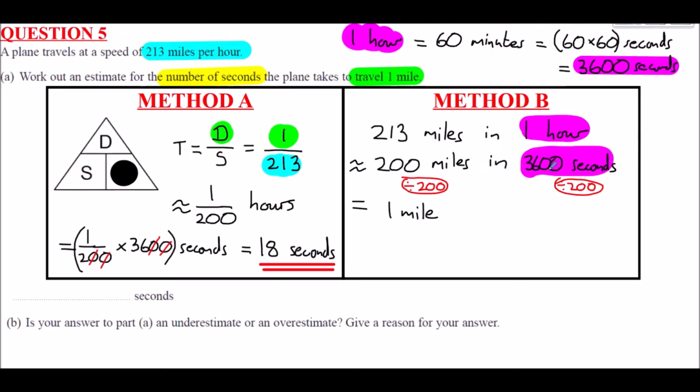And 3,600 divided by 200, well, 36 divided by 2 is 18, and then the zeros again will just cancel. So 1 mile in 18 seconds. So we can do this in terms of proportional reasoning rather than thinking of it in terms of a formula. So 18 seconds again is our answer for an estimate of time.